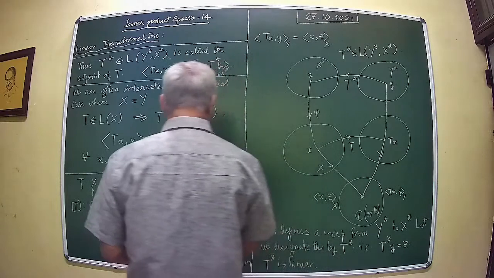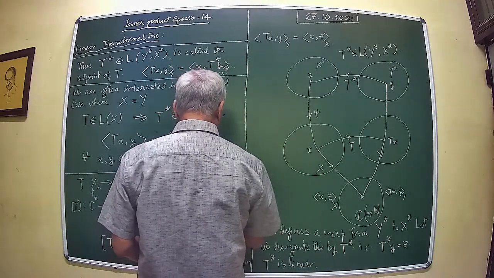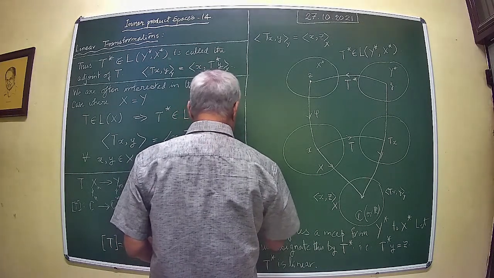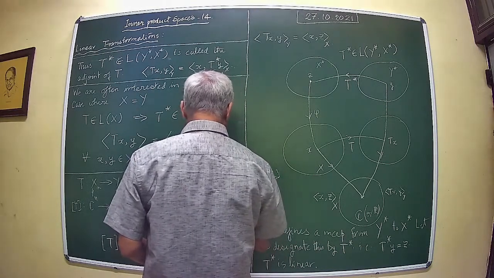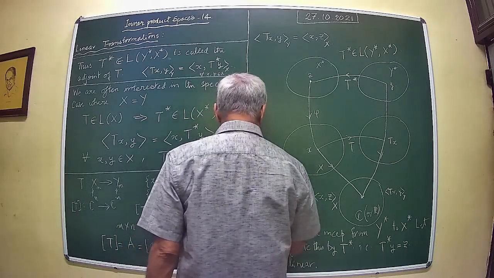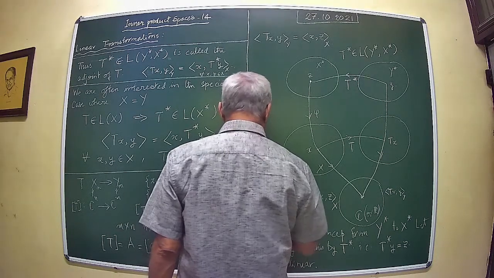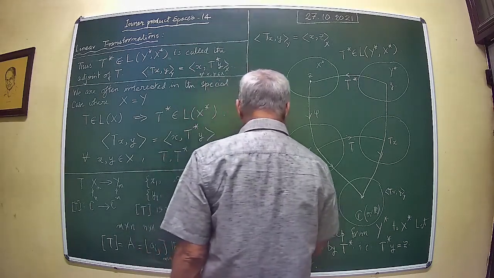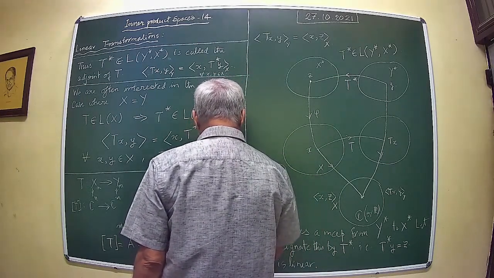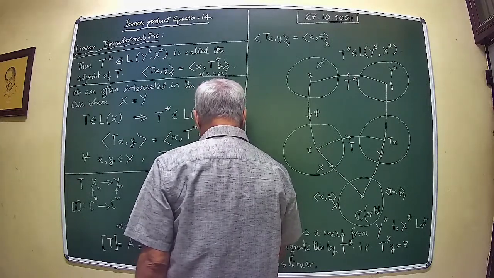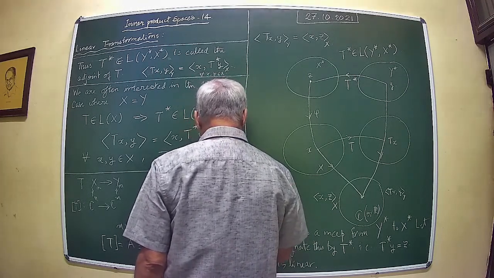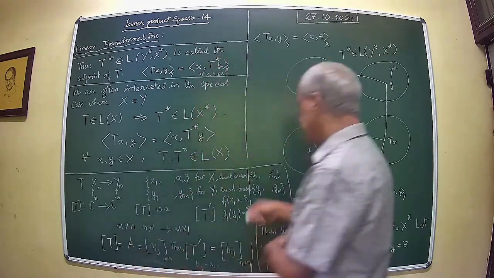So what you have is the dual basis, and what one has is this, that is fi xj equal to delta ij. You know, these are the dual bases.